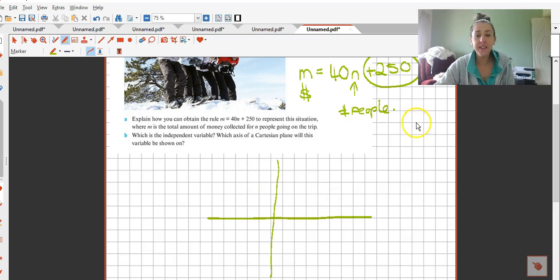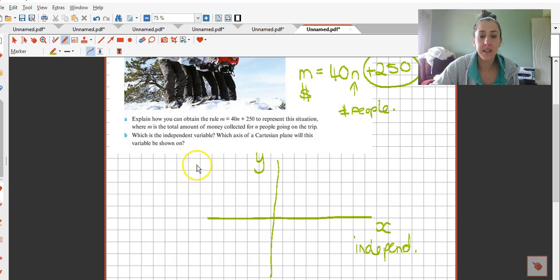So again, this comes back to our dependent or independent variable. Remember, this is our x-axis, this is our y. So our x will take our independent. So x is independent, and this is our dependent.